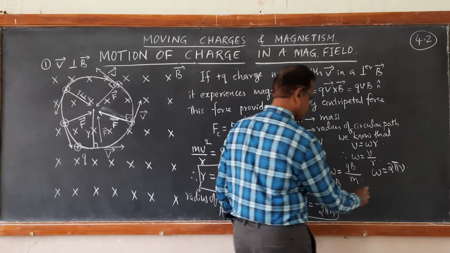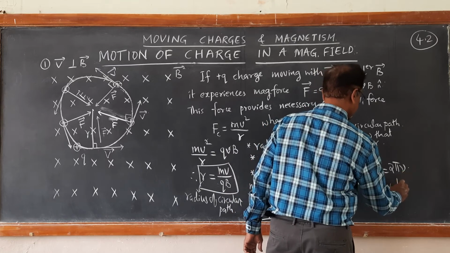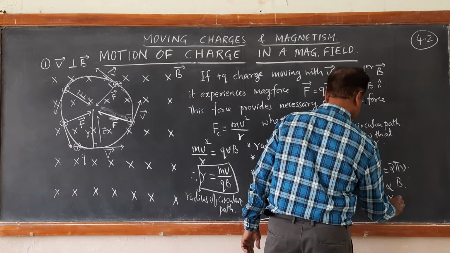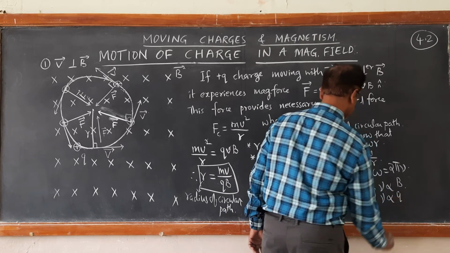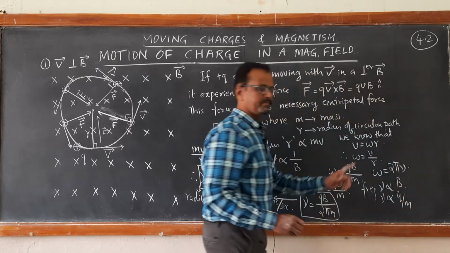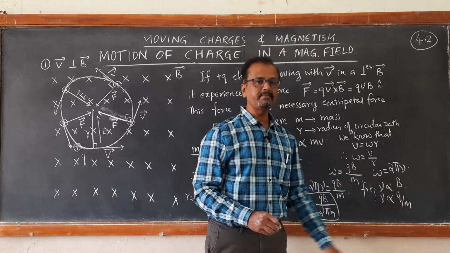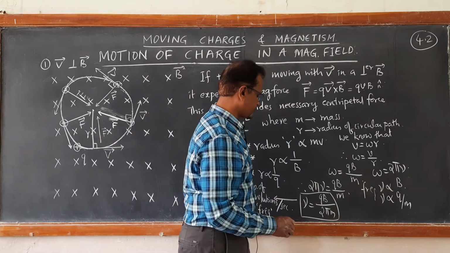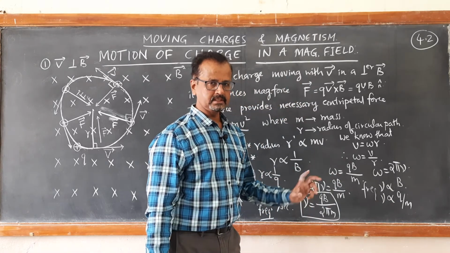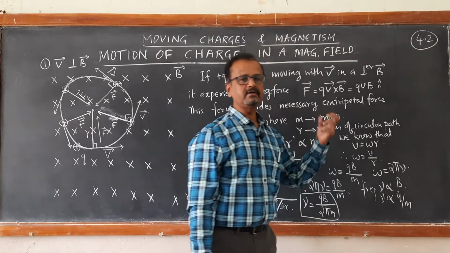So frequency nu is directly proportional to B, and directly proportional to charge, or you can write charge by mass. The charge by mass ratio is called specific charge. So the larger the charge by mass ratio, the larger the specific charge, the more is the frequency.